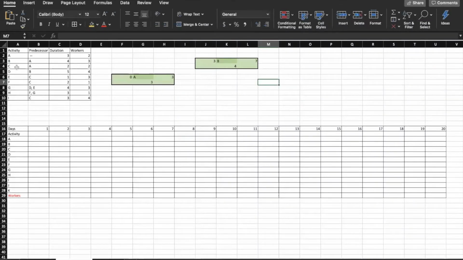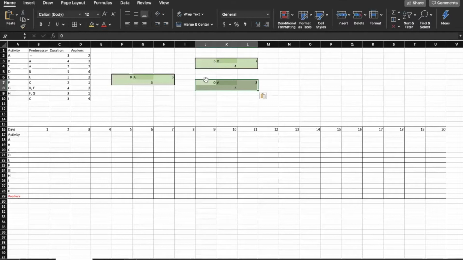The next one is C, and it also has A as its predecessor, so I'll put it right under B. And C starts as soon as A is finished, which means day 3. C takes 2 days, which means early finish on the 5th.